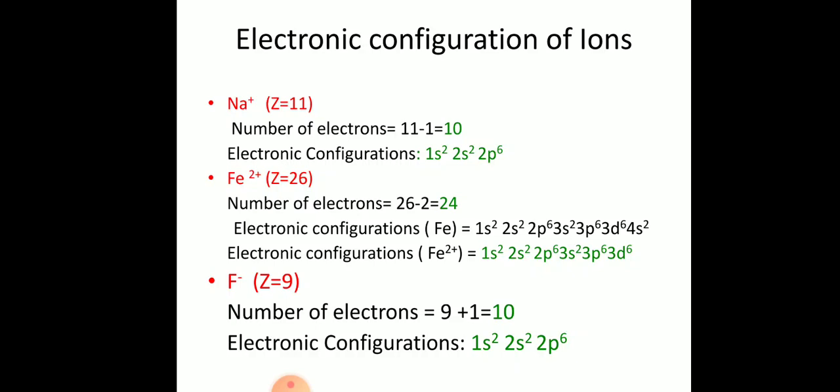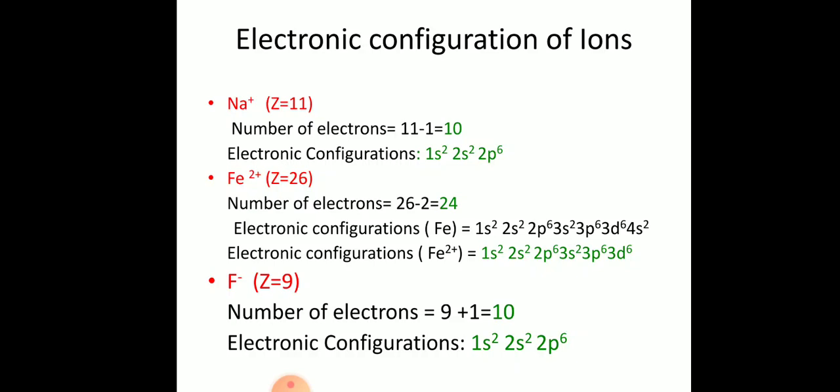Both are correct. You can write either 4s first or 3d first. In this case, when electrons are lost, they are lost from the 4s orbital. So the two electrons from 4s will be lost, and for Fe2 plus, the electronic configuration becomes 1s2 2s2 2p6 3s2 3p6 3d6.